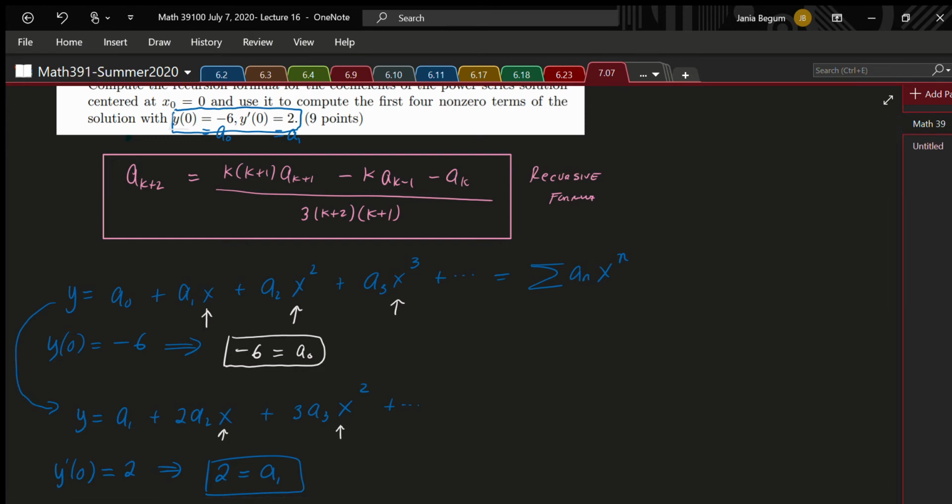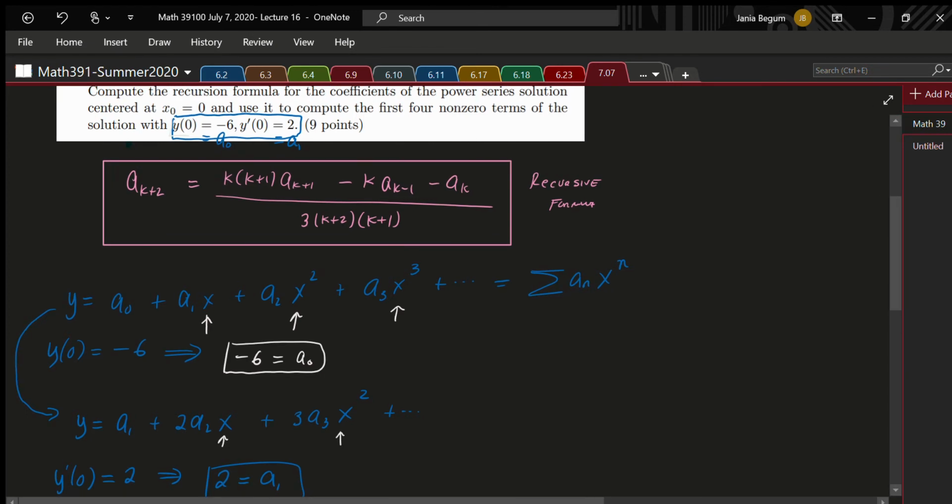So you can automatically plug in a0 equal to the first condition, a1 equal to the second condition, okay? Hopefully that makes sense. So now that we have our a0 and a1 figured out, let's find the other coefficients. We know a0 and a1. What about a2? We're going to compute a2 from the recurrence relation we computed last time.